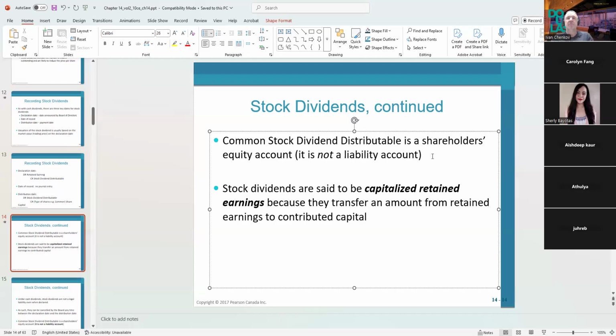When the company distributes a stock dividend, the public can simply say that this company is actually capitalizing the retained earnings. Why? Because they transfer the amount from the retained earnings into contributed capital.